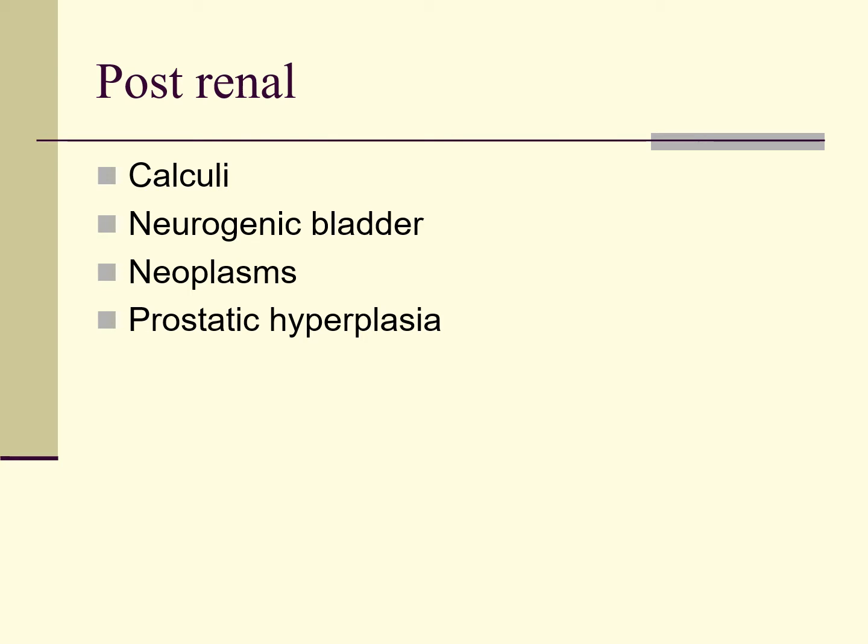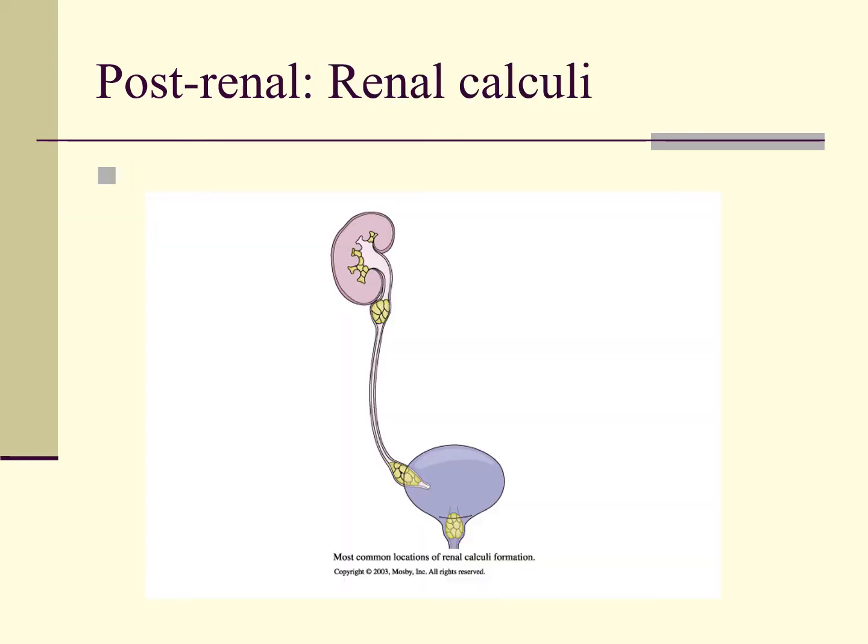Neoplasms can do the same thing, and also benign prostatic hypertrophy. If that causes enough of a stricture, then you'd have blockage of the outflow.